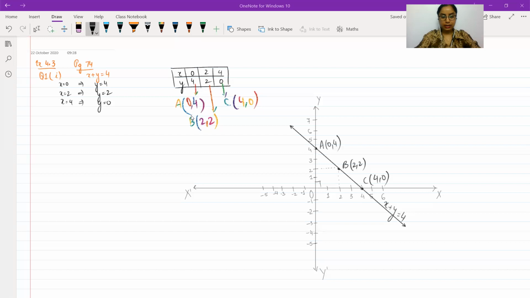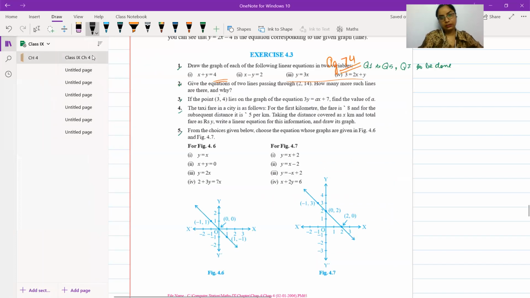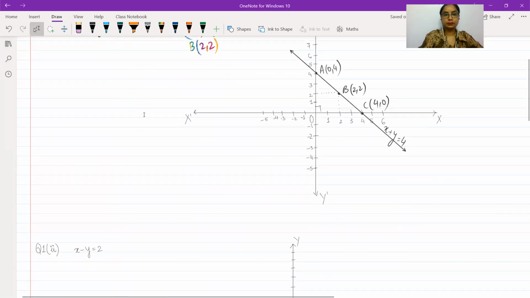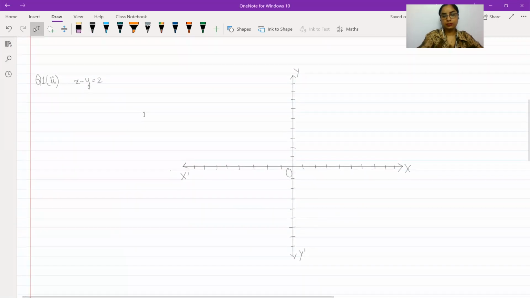Okay, start calculating the solution for your next question. The next part that we have is x minus y equals 2. For this one, let's show some work if you want.